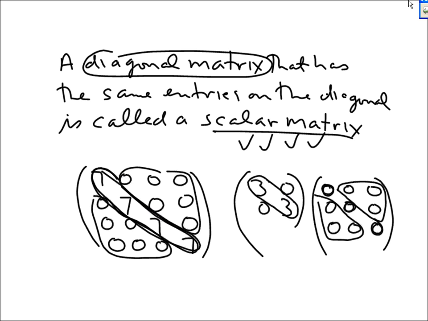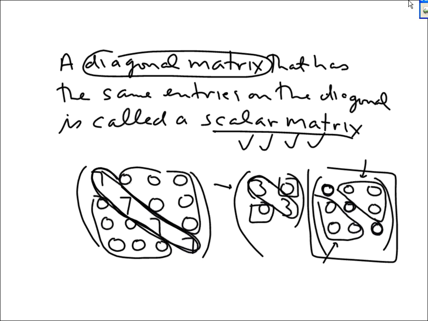Every scalar matrix is a diagonal matrix. Again, this is a diagonal matrix because it's square and everything off the diagonal is 0. It's a square matrix, so it's a diagonal matrix. But we can say a stronger statement.